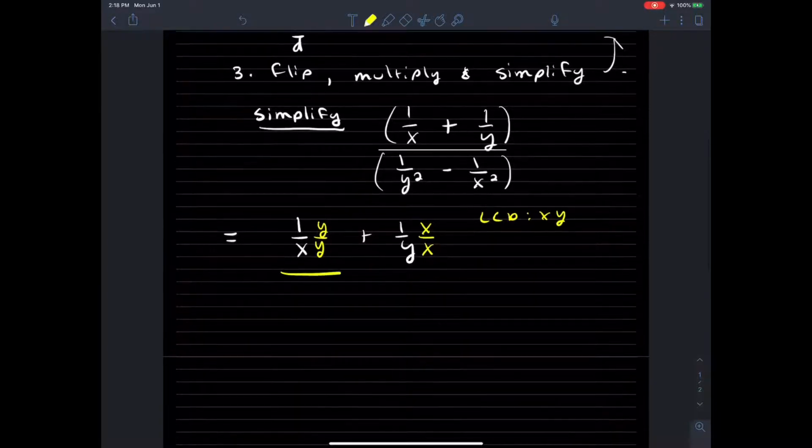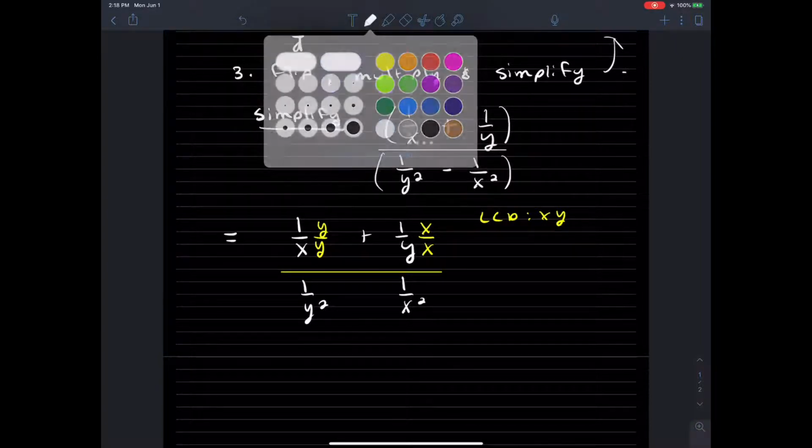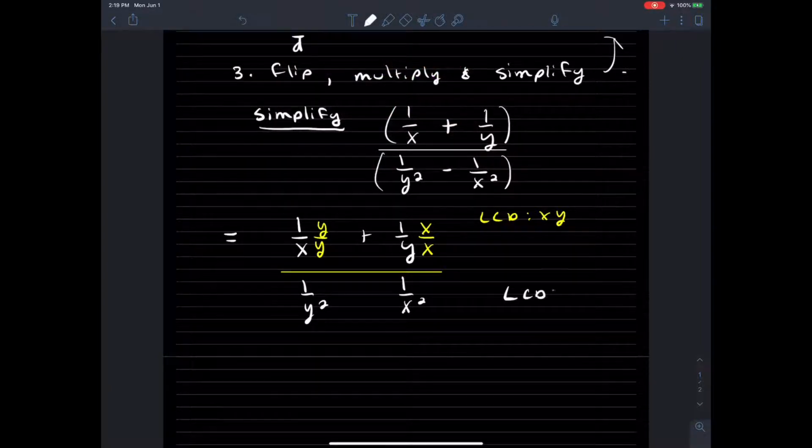And then on the bottom, we have 1 over y squared minus 1 over x squared. And my LCD down here is x squared y squared. There's a minus there. So down here, I have to multiply top and bottom by x squared.